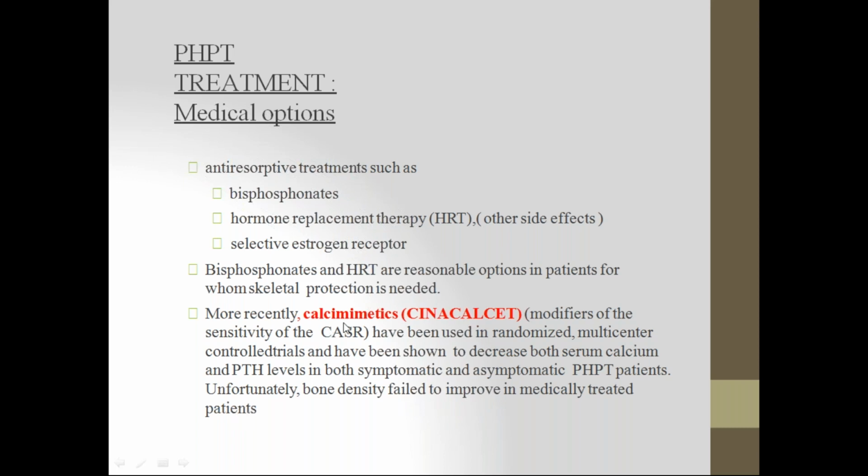So this is the recent drug, calcimimetics like cinacalcet, that alters the sensitivity of the calcium sensing receptors, leading to normalization of serum calcium and parathyroid hormone levels. Bisphosphonates, hormone replacement therapy like selective estrogen receptor modulators, and calcimimetic agents are all medical therapies.